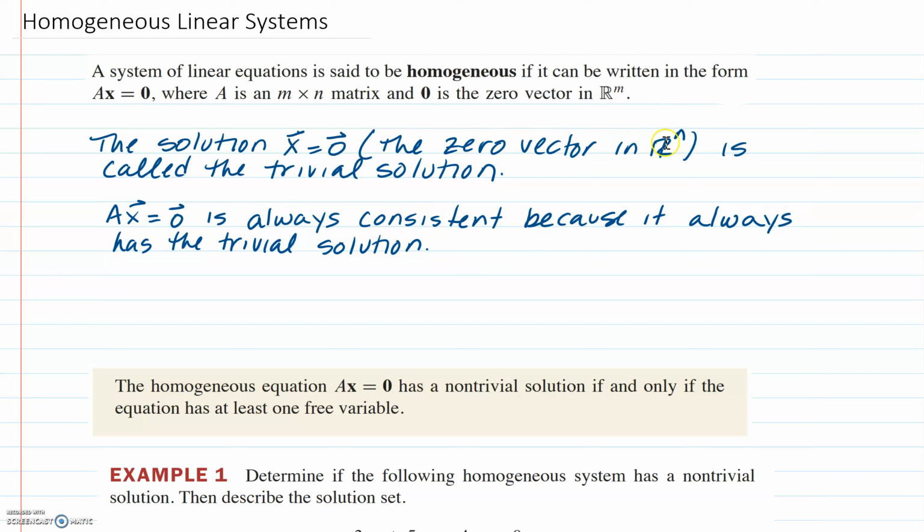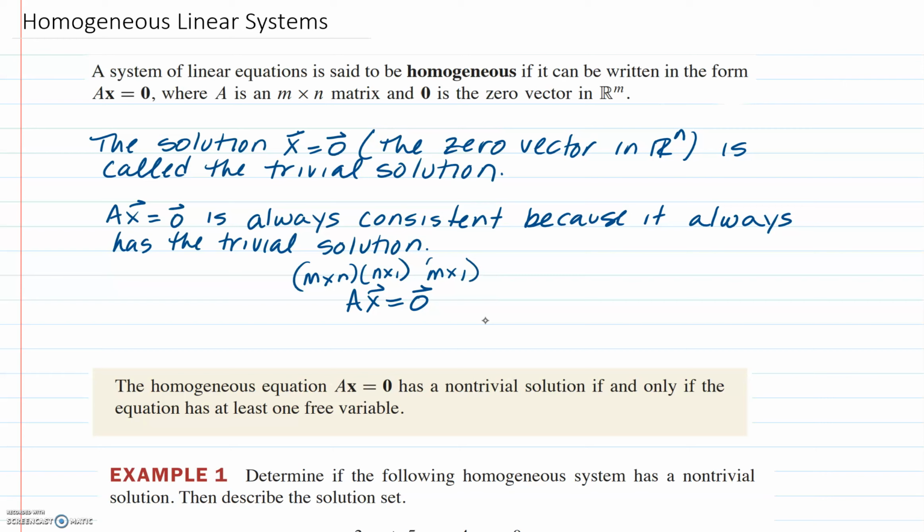And why is 0 in Rn the solution, versus this 0 being in Rm? It is because the definition of A times x will only work if x is an n by 1, because A is an n by n, x is an n by 1, and the result would be an n by 1.